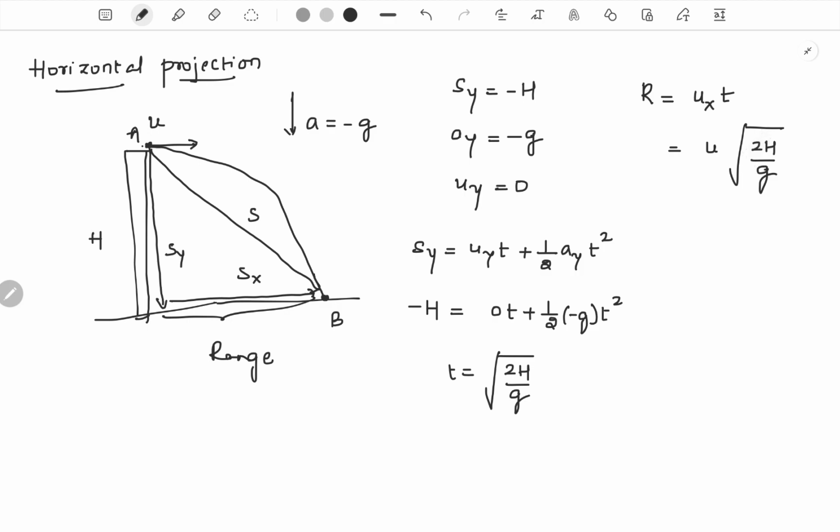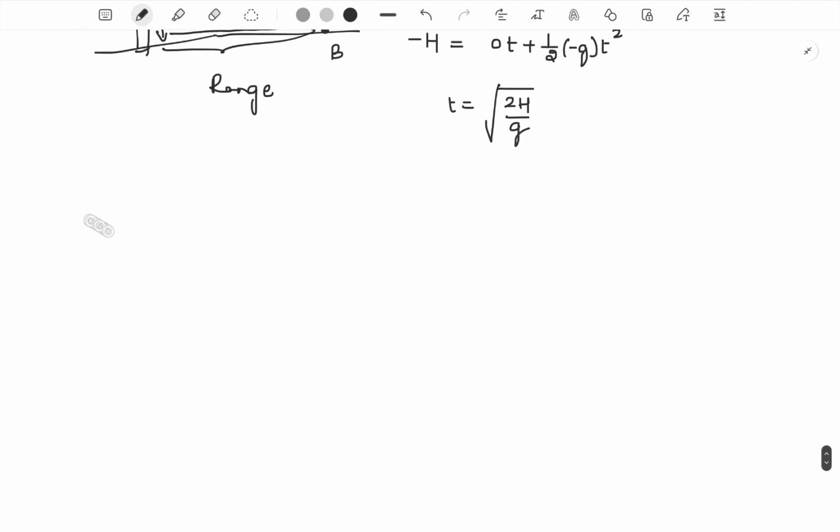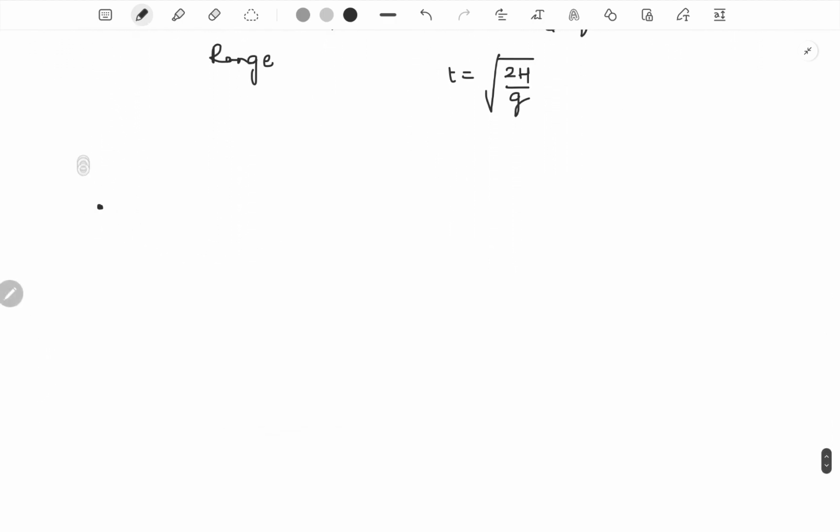Now let's say our next interest is to find the velocity, or the magnitude of velocity, of the body at point B. So if you look at point B, this is point B. It will basically have two components of velocity. The horizontal component would basically be u only, but the vertical component of velocity is what I'm interested to find. I can write vertical component of velocity as uy plus ay into t.